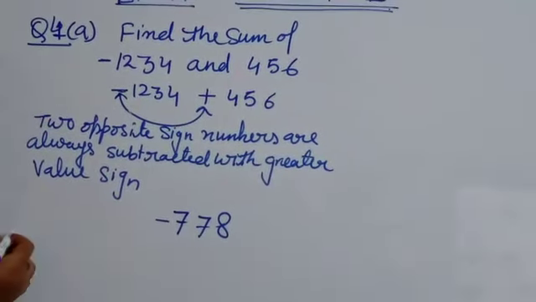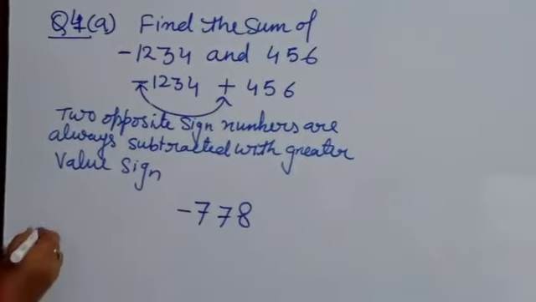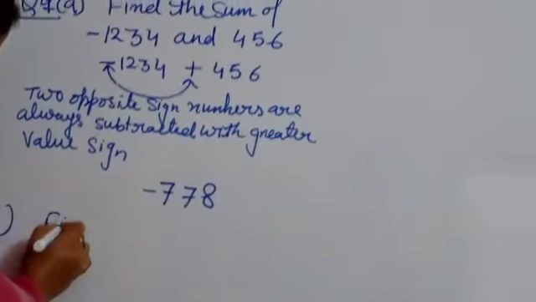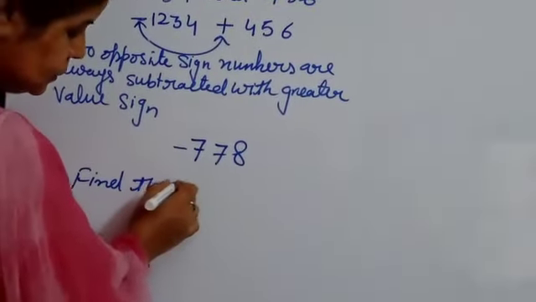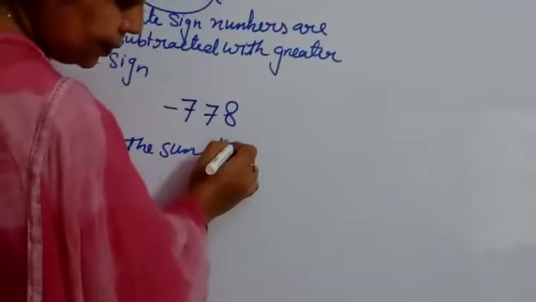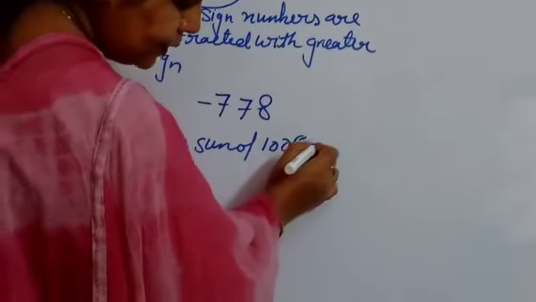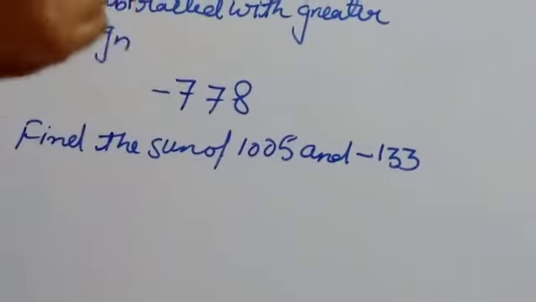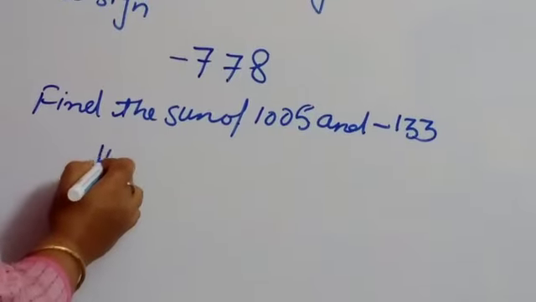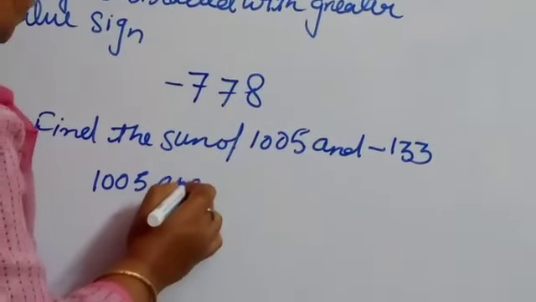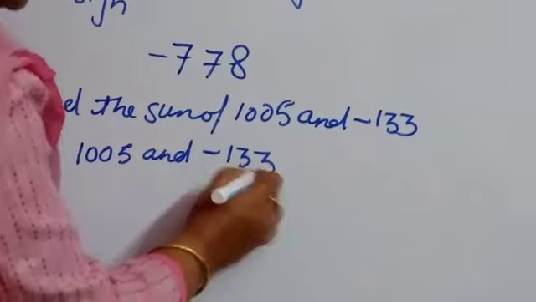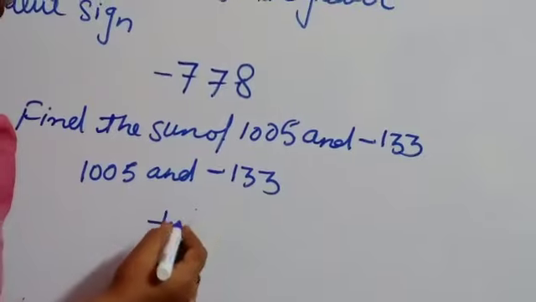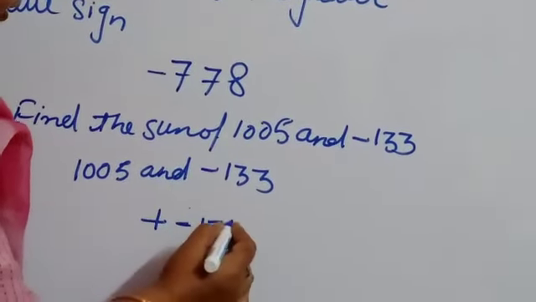Now B part of this question. Again, find the sum of 1005 and minus 133. Just now I told you that we are having 1005 and minus 133, and "and" means plus, the second value is minus, so you will not write it like that.